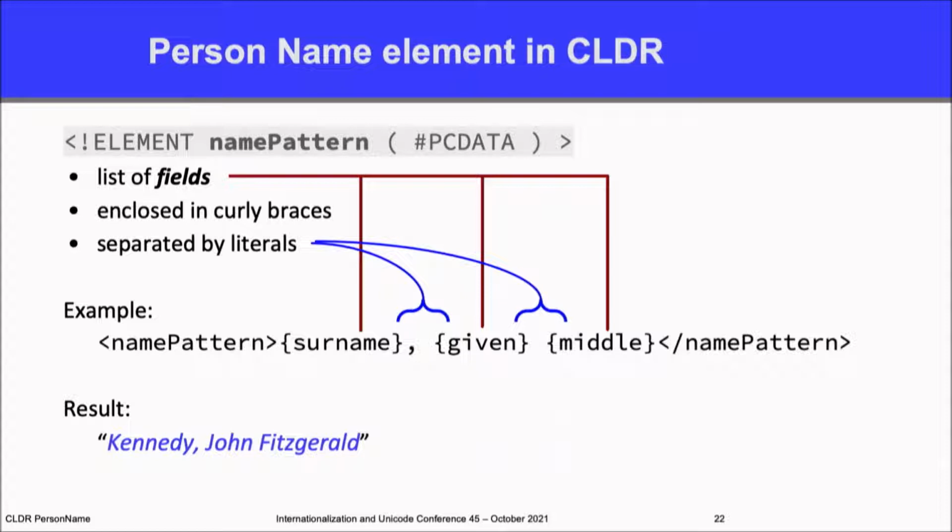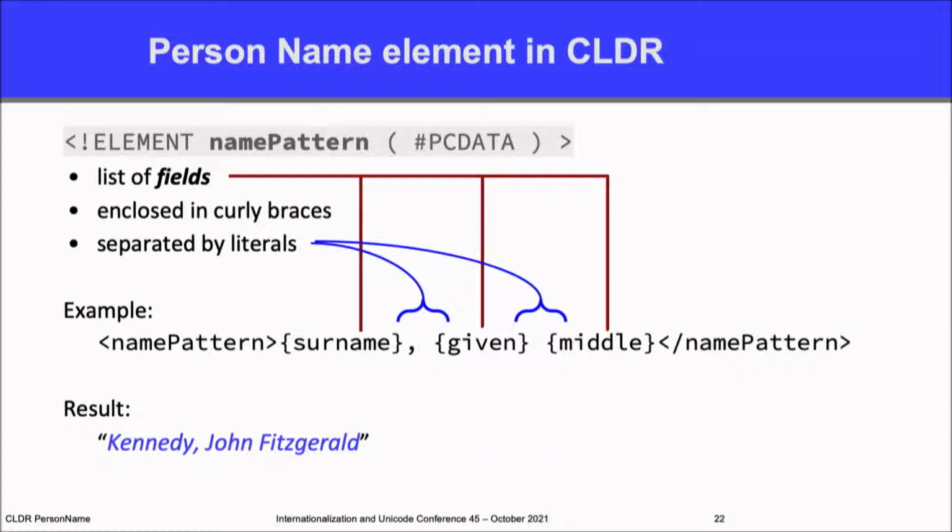So once you have the attributes to define a particular person name format, then you have the formats themselves, which are basically composed of a list of fields with the field names, with literals in between if needed.